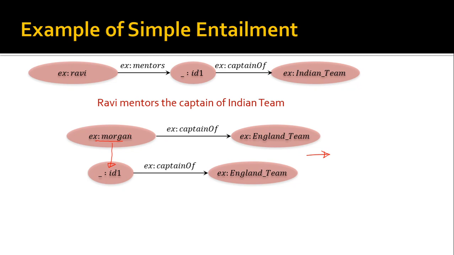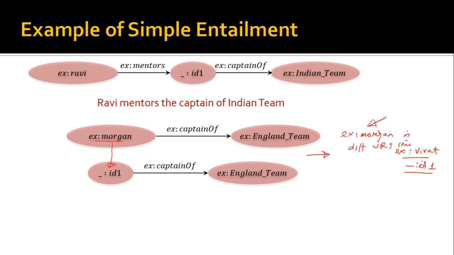This EX Morgan is a different entity, a different URI than EX Virat, right? As Virat has been weakened using ID1, we should not use ID1 to weaken Morgan. But this is exactly what we have done here.